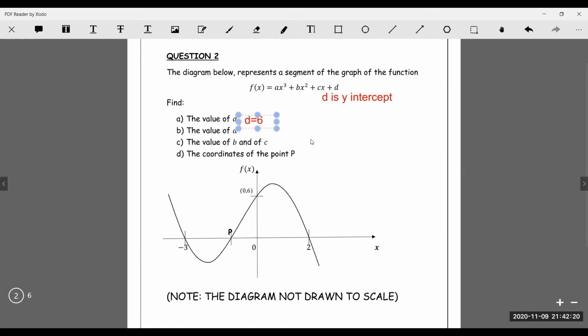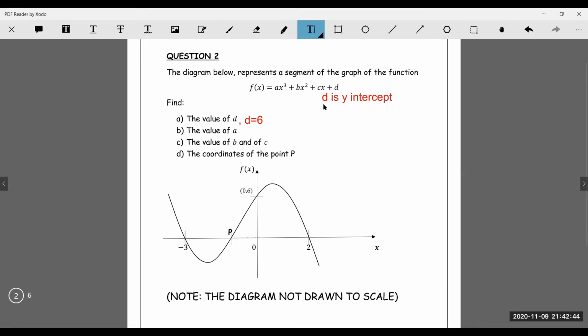We can find the x value at P. Once we find this x value at P, then we know so much, because we'd have the three roots, -3, P, and 2.